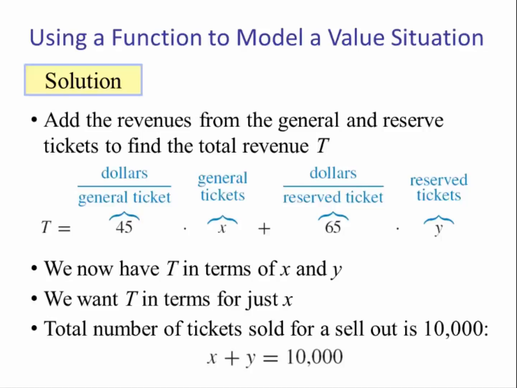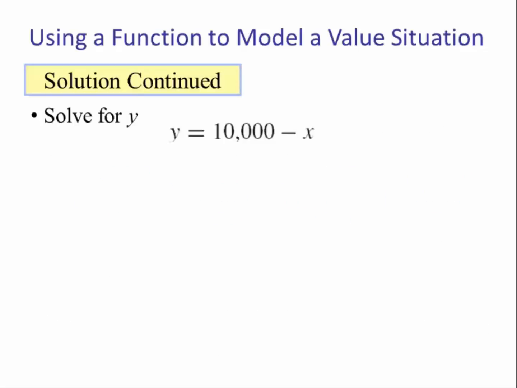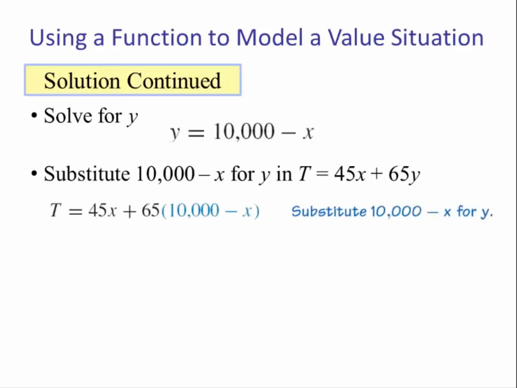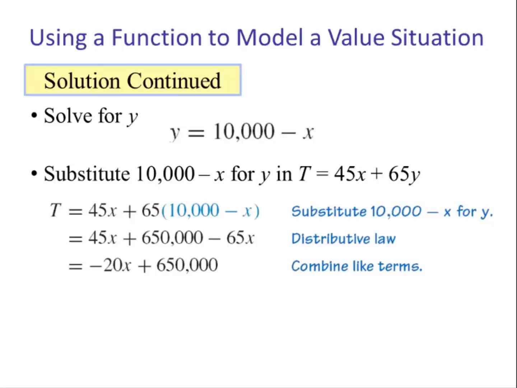Solving for Y, we have Y equals 10,000 minus X. If we substitute 10,000 minus X for Y into our first equation, we will have T equals 45X plus 65 times the quantity 10,000 minus X.